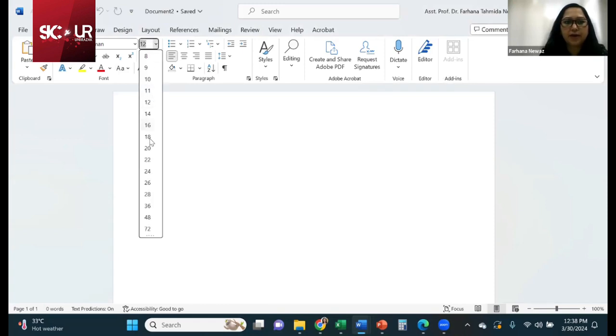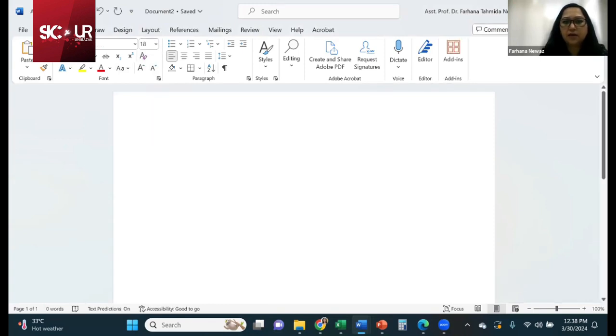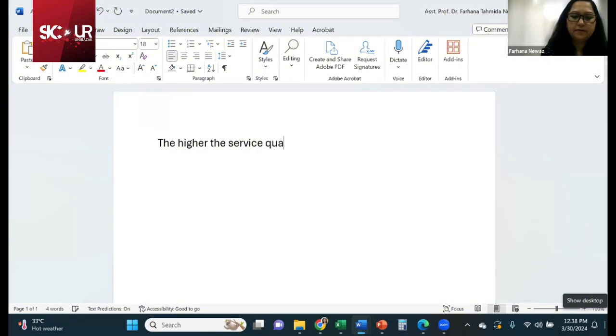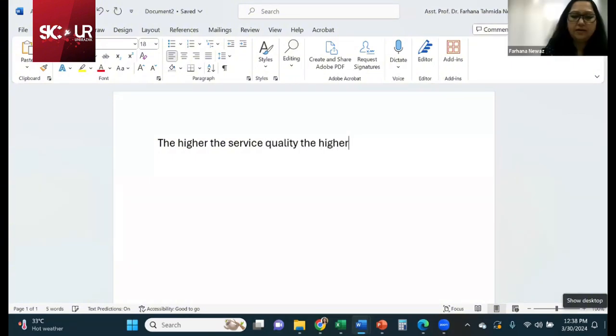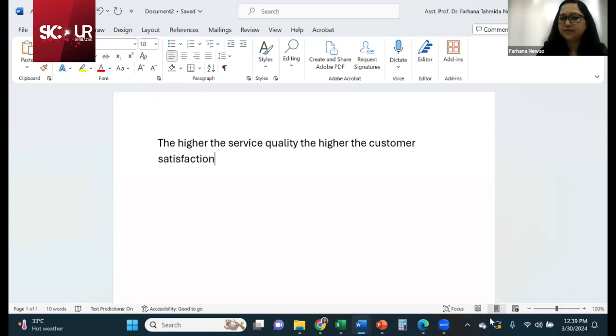Yes, it's the correct way. So I just write it down like this. The higher the service quality leads to greater customer satisfaction, the higher the customer satisfaction. So that way also you can write it down.